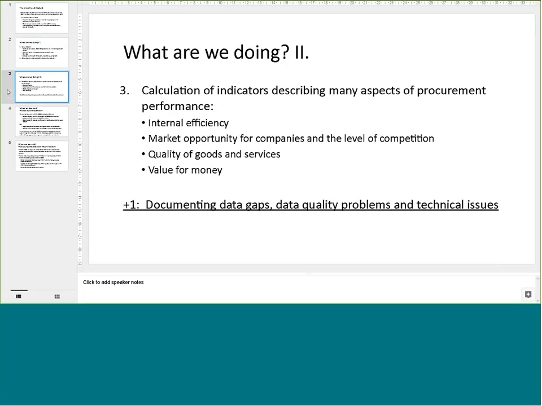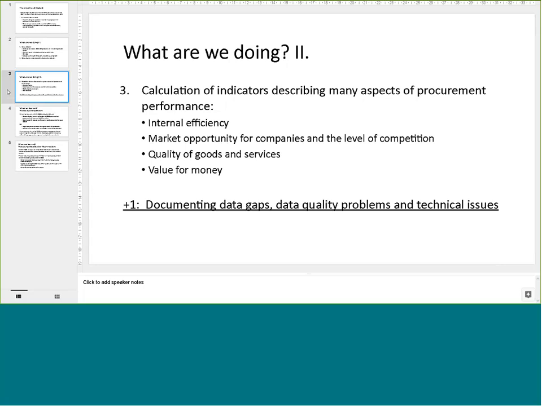Thank you. In the next step, we are developing indicators, but this task is not really the focus of this course, so I won't speak much of this. In a nutshell, we try to capture aspects such as efficiency of the procurement process, level of competition on certain markets, or the value for money of the purchased goods and services.